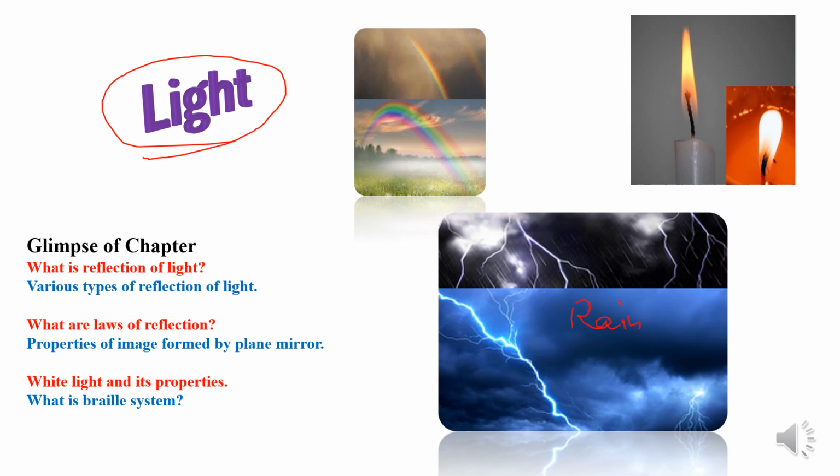And after that there is a beautiful rainbow. Rainbow is again a beautiful phenomenon associated with the reflection of light and refraction of light. So various aspects are associated, and this is a very simple example of burning of a candle. Here you can easily find various colors associated with light.